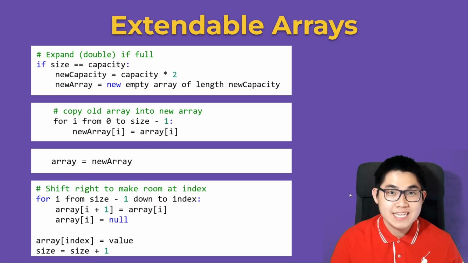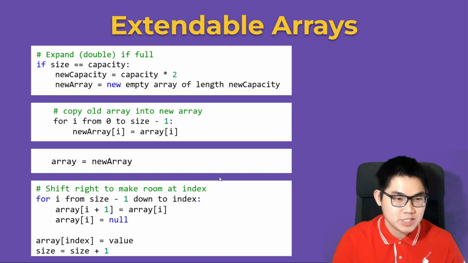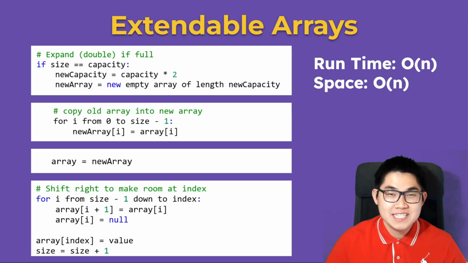The last part is shifting the elements over so we can make our insertion. That's what we're doing right here. We're shifting the elements to the right, and then we're putting that element into the specified index. Inserting an element into an extendable array is O(n), and the space is also O(n) because you have to create that extra array.